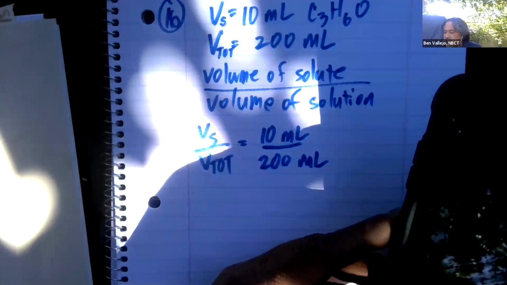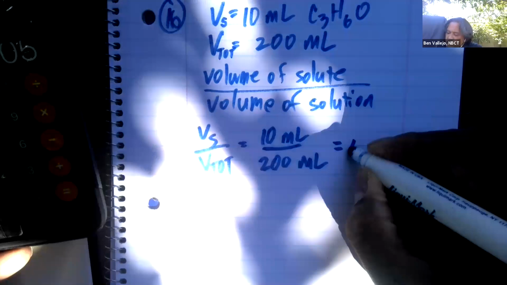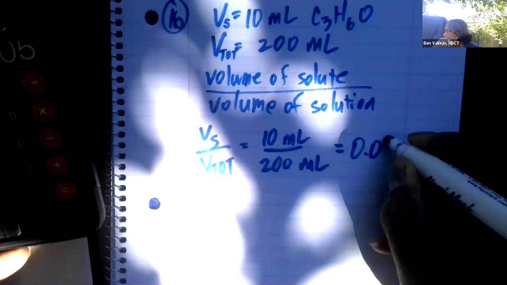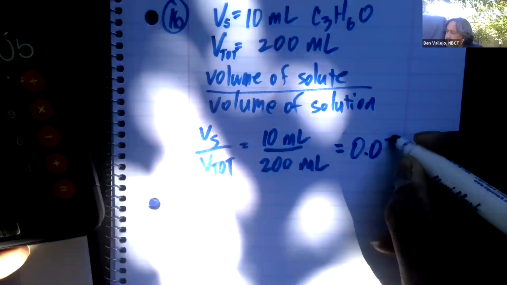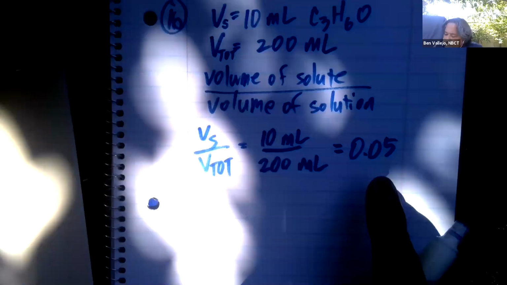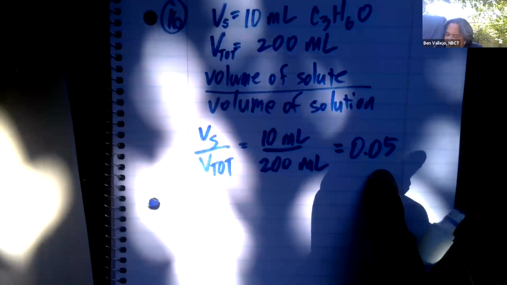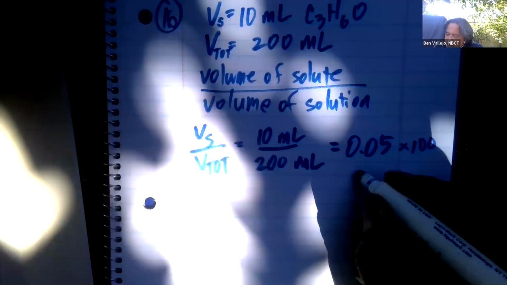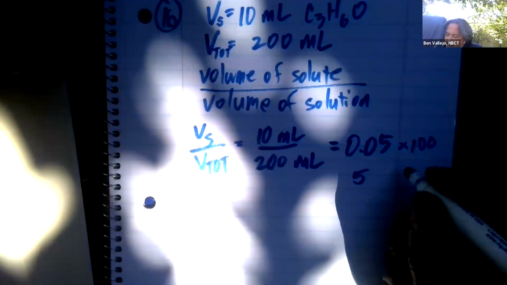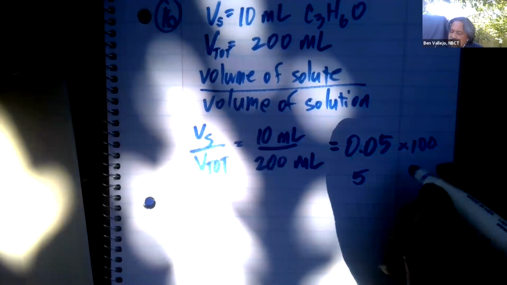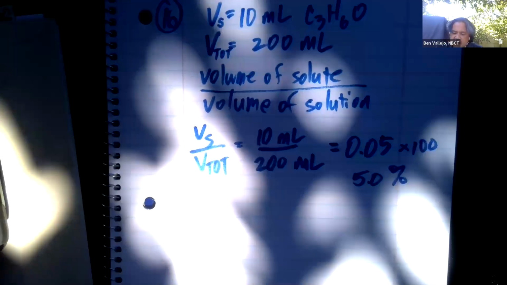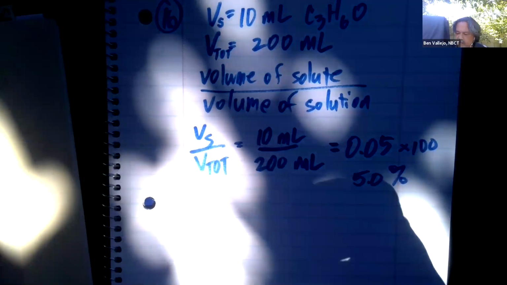Okay, but it's a percentage. So move this over, which is the same as multiplying by 100. So I'm going to get 5.0%. Okay, so that's the answer to number 16.